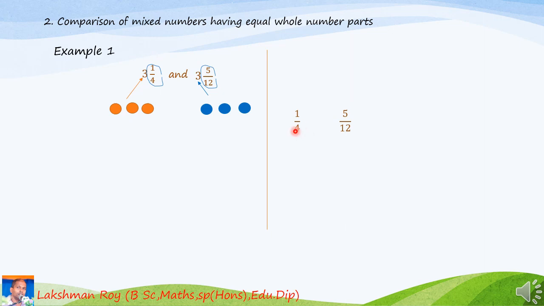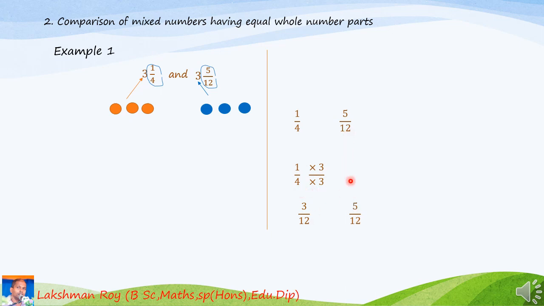Equal numerator, no. Equal denominator, no. So try to make the numerator or denominator equal. I like to equalize the denominator. Here 4, here 12. If I multiply this one by a number, I can make it 12. What is the number? 1 fourth should be multiplied by 3, both by 3. Then I get 1 into 3 is 3, 4 into 3 is 12.